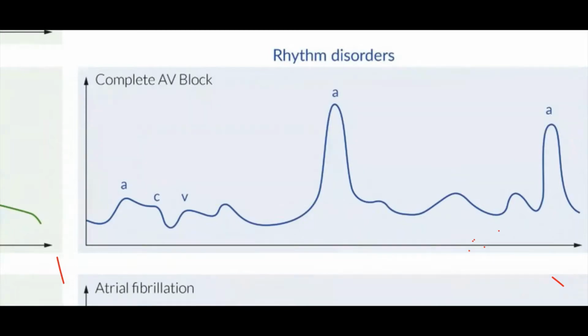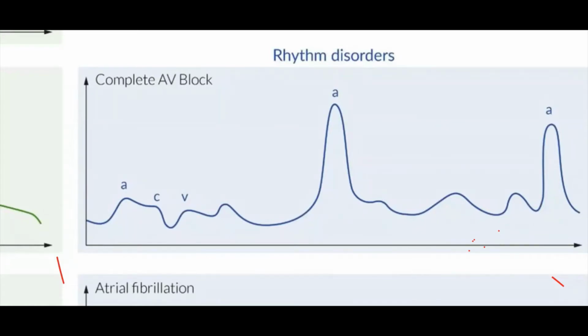Okay, can you explain more? Why do we see cannon A waves in complete heart block? Because of contraction of the atria against a closed valve. Very good.